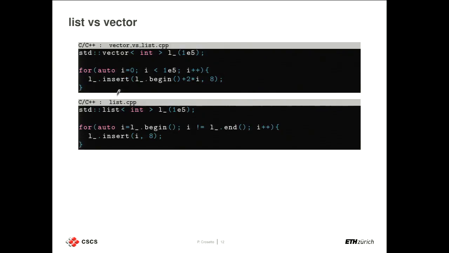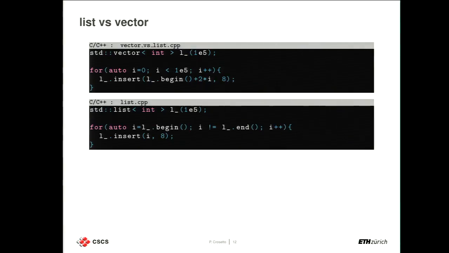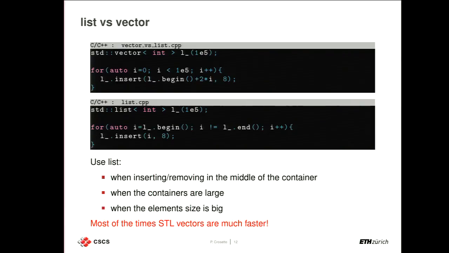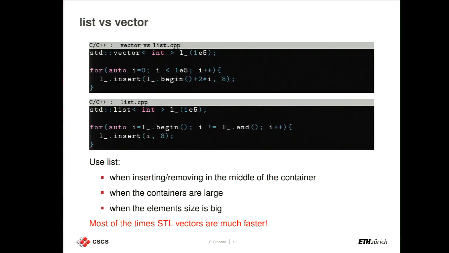If I'm inserting in the vector, then I have to move everything after the point of insertion, in the best case scenario. So use the list when you're inserting or removing in the middle of a container, when the containers are large, because if the container is large and I have to move it, it costs a lot.